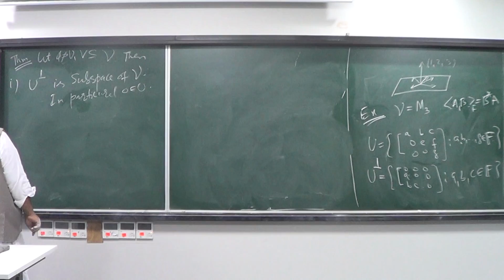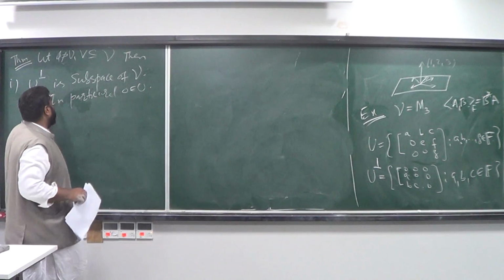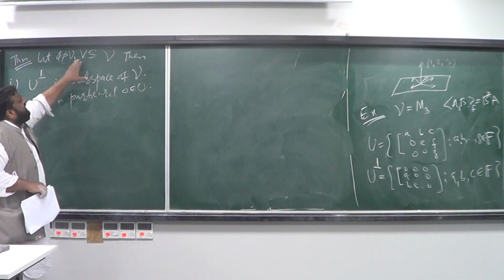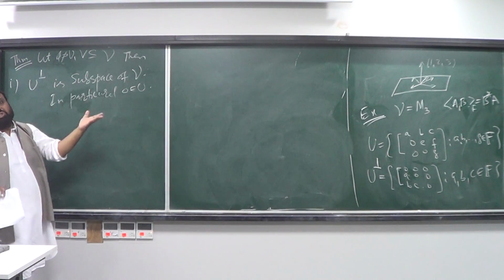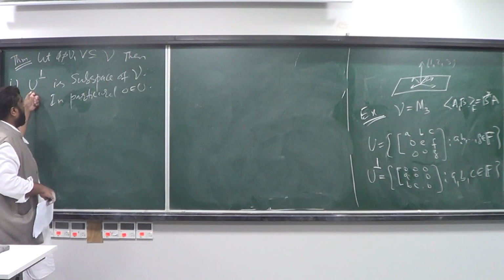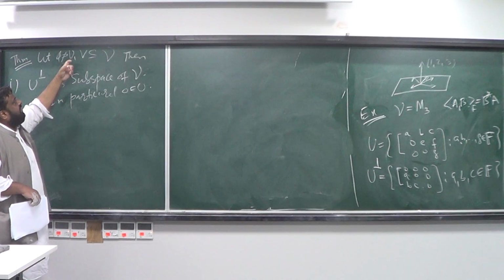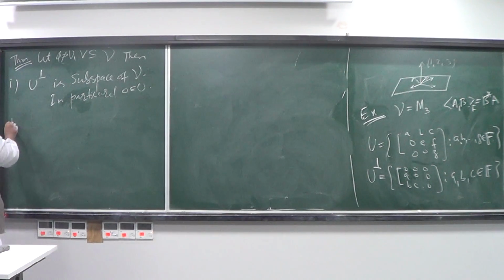The 0 vector is always there because 0 is orthogonal to any vector. So no matter what set you have, that set may or may not be a subspace, but the orthogonal complement of a subset of an inner product space is always a subspace actually. So that's the first part of it.